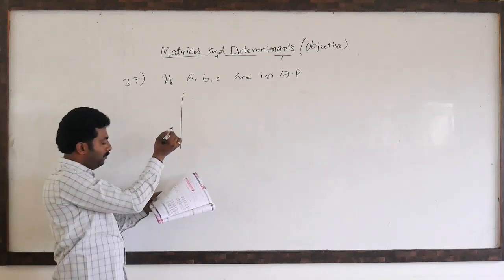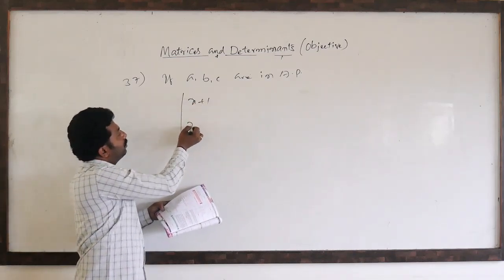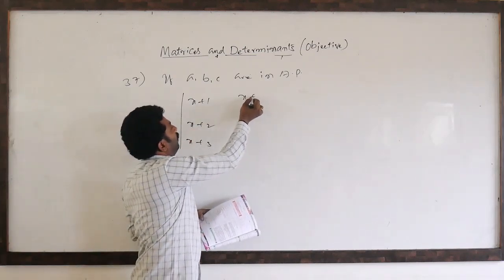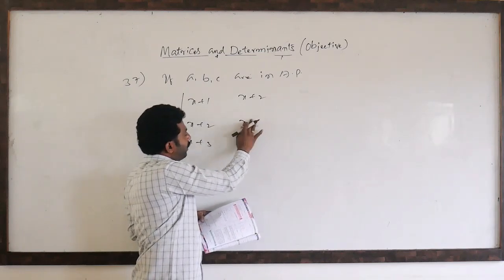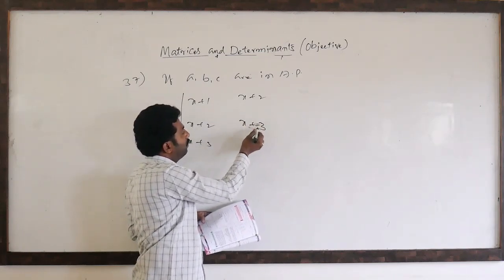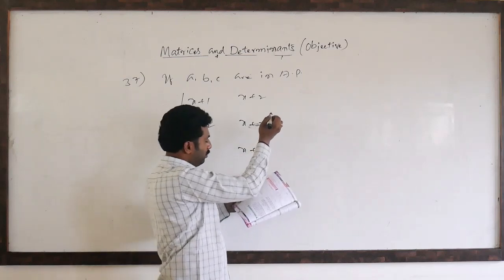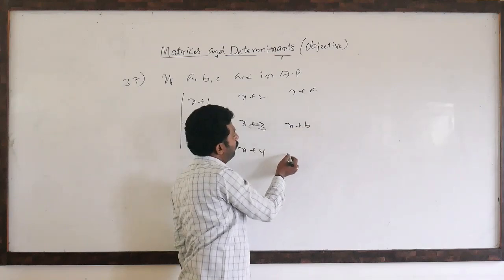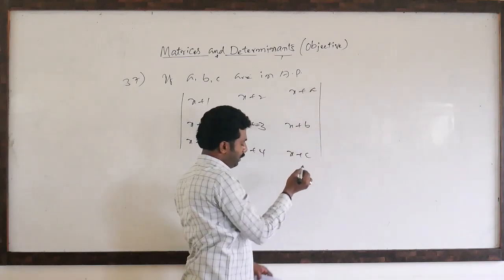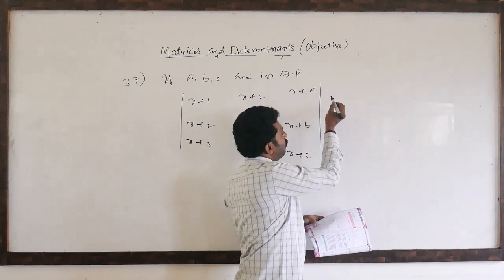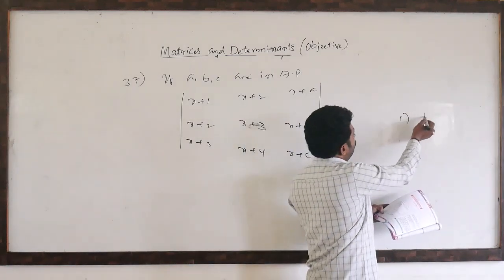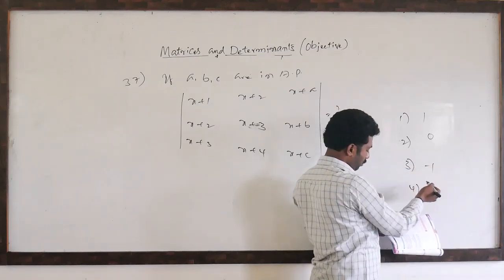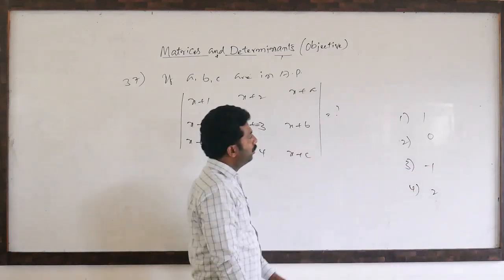Then the determinant of x plus 1, x plus 2, x plus 3, x plus 2, x plus 3, x plus 4, x plus A, x plus B, x plus C equal to, they are asking. So the options are 1, 0, minus 1, and 2.